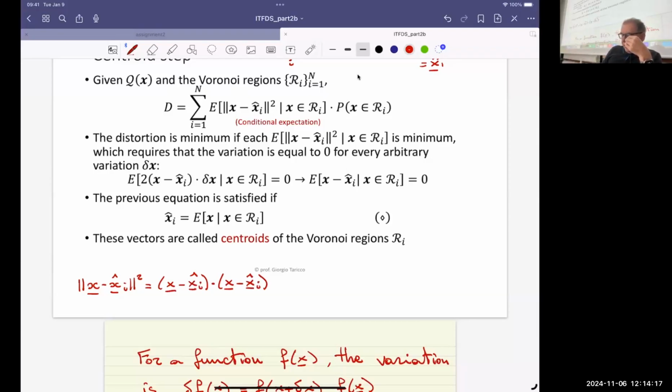So the variation of this is equal to x minus x at I, scalar product with the variation of x minus x at I, which is just delta x, because x at I is fixed.